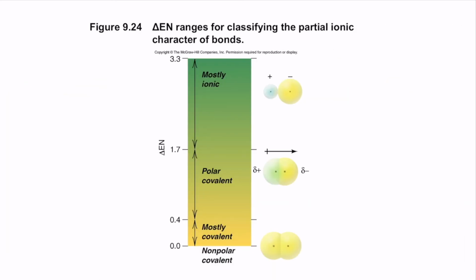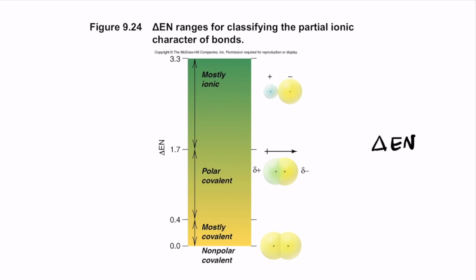Now, how do you judge whether a bond is polar covalent or ionic? Now, in general, we take into consideration the difference of electronegativity as a good measure of checking what type of bond a given particular structure is.